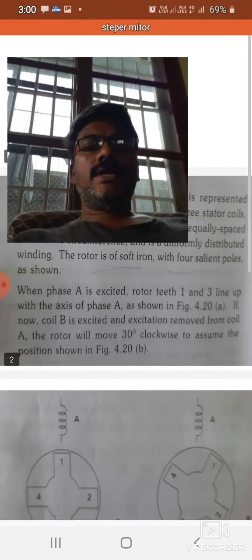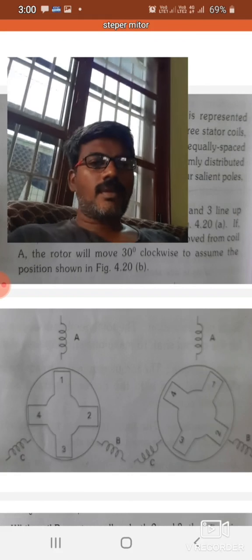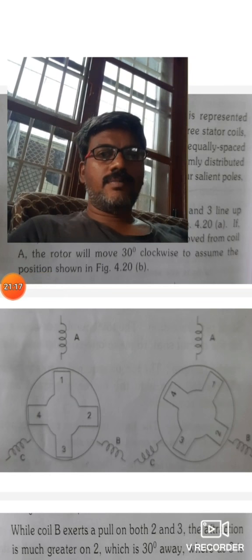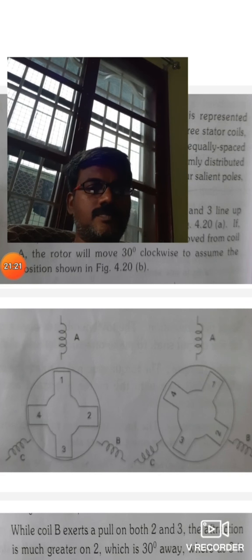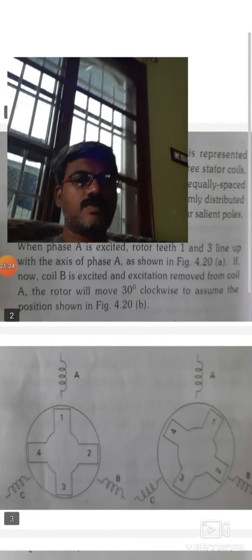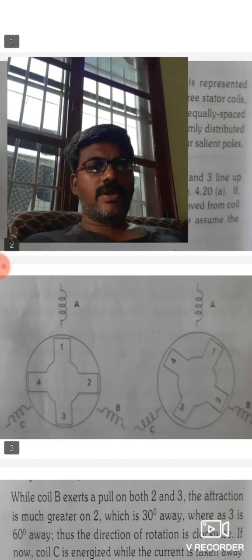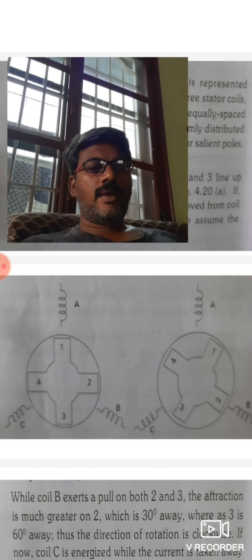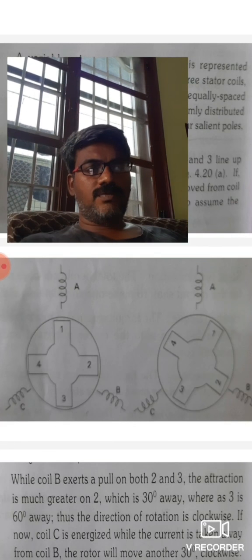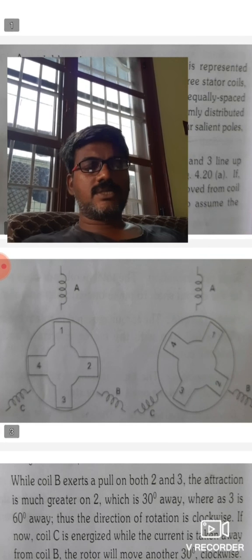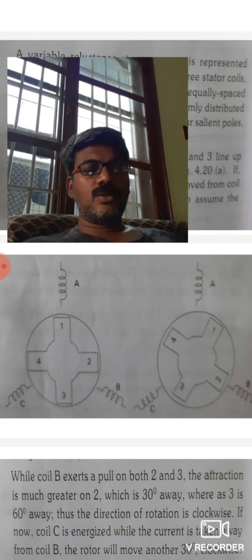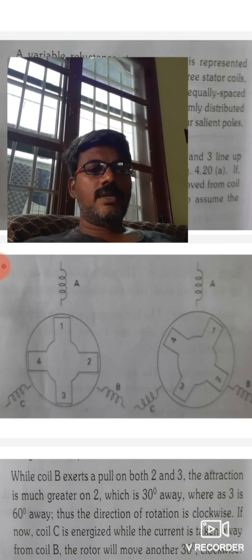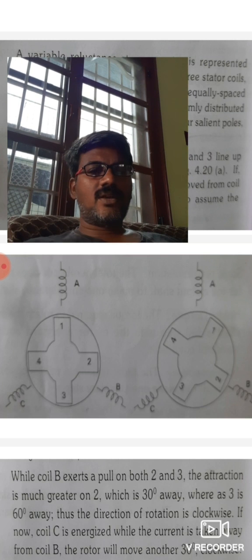So let us consider the working principle. A variable reluctance stepper motor, represented schematically. We can observe its schematic representation in the slide; there are two diagrams. There are three stator coils.